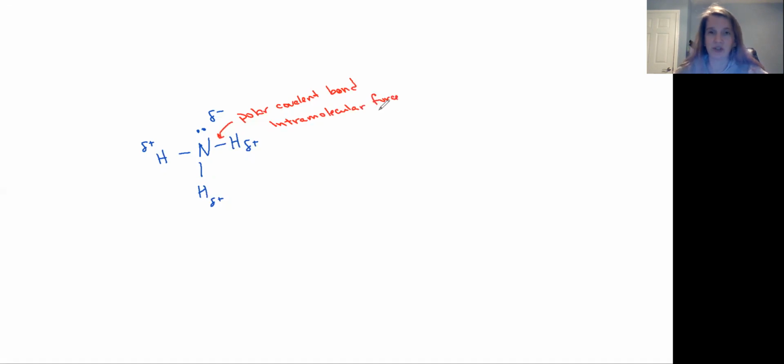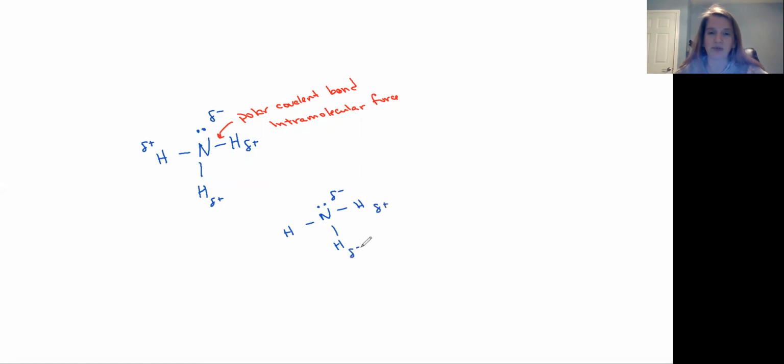Now, the question on the review said that you had to actually draw and label a couple more things. So if you ever have to draw an intermolecular force, that means you need to draw at least two molecules, to show that attraction between the two, in this case ammonia molecules. So here's our other ammonia. Now when you're drawing the connection between the two, let me put my dipoles on here before I forget.